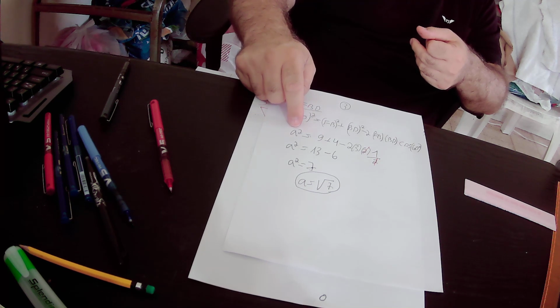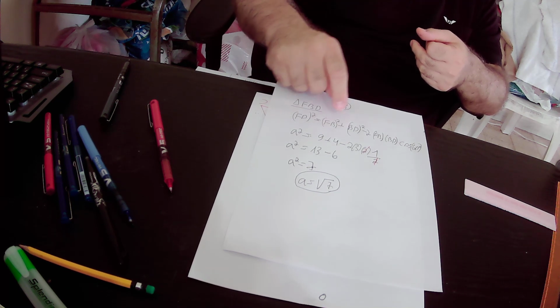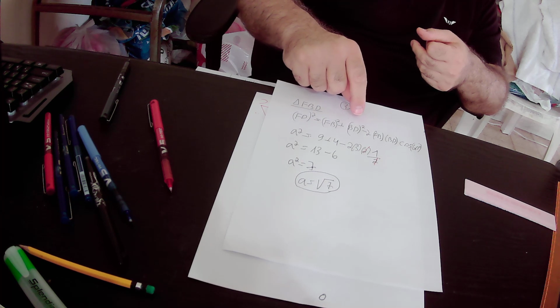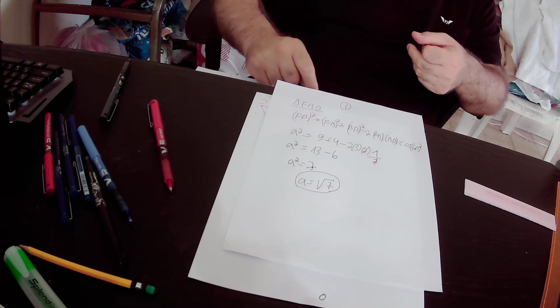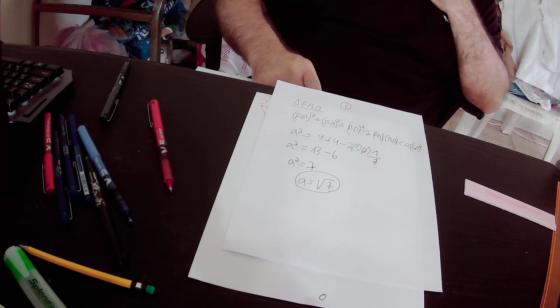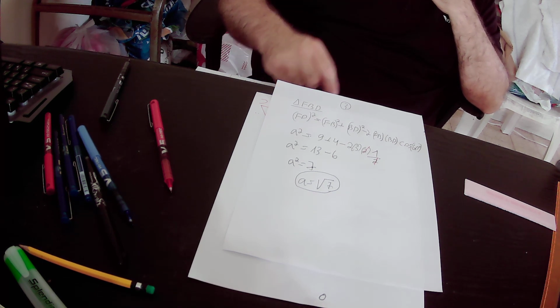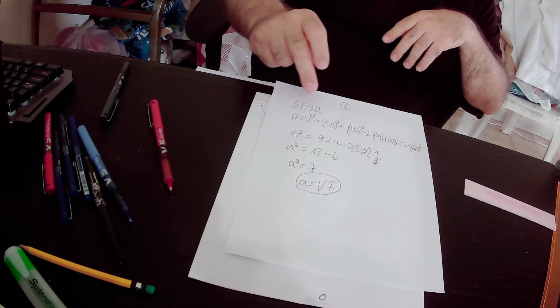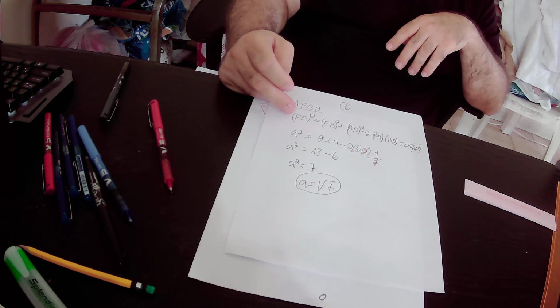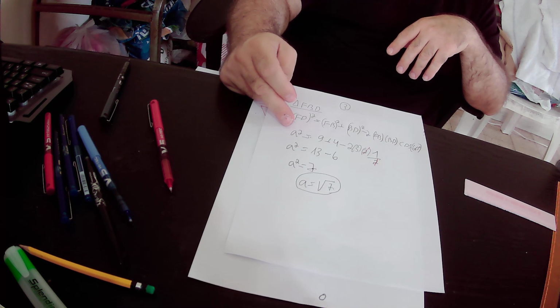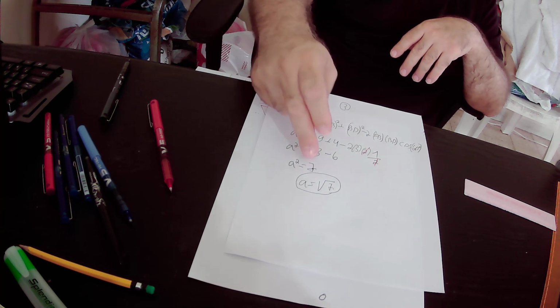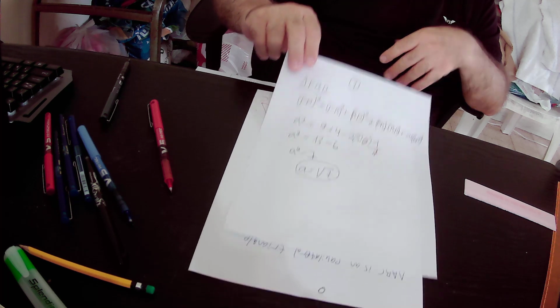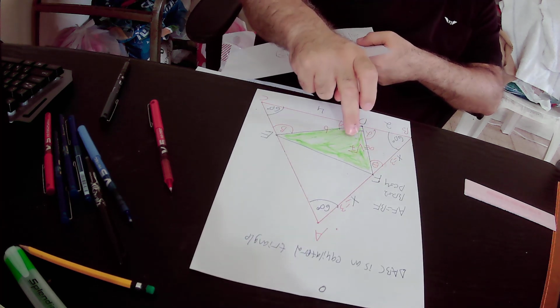FD equals a, FB equals 3 units, BD equals 2 units, and we know that cosine 60 degrees equals 1 over 2, so the only missing variable is FD, which equals a. We solved this simple equation and found that the value of a is root 7 units.